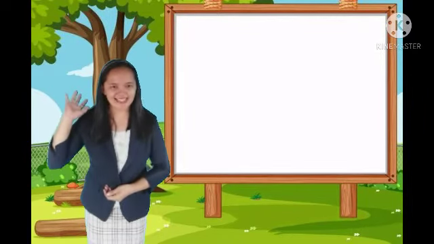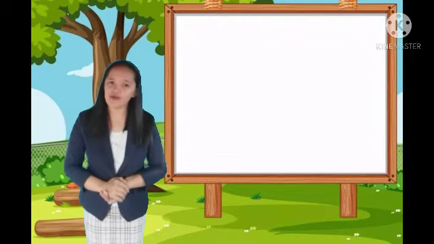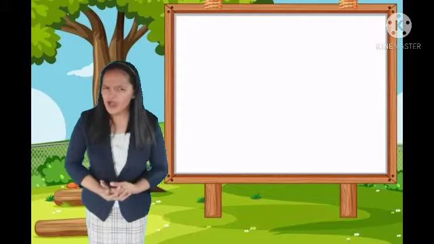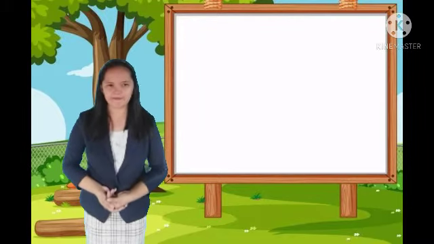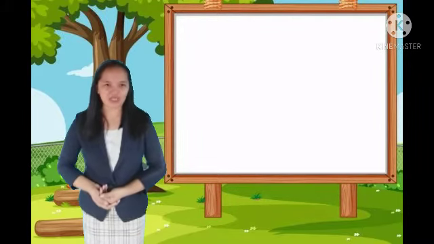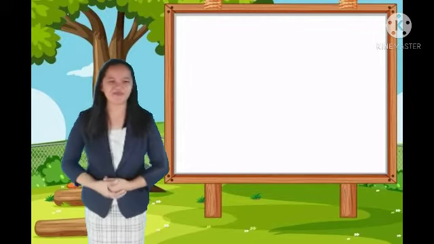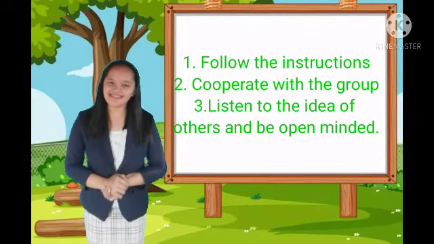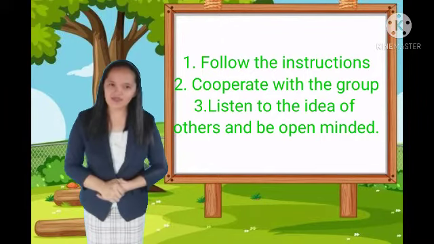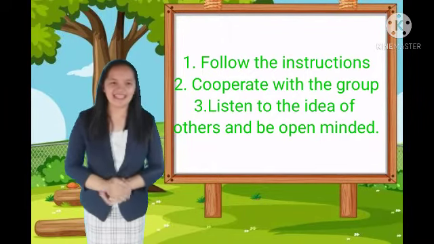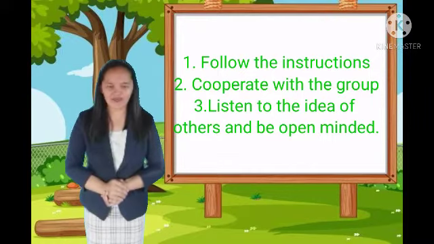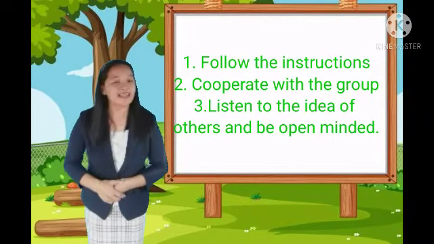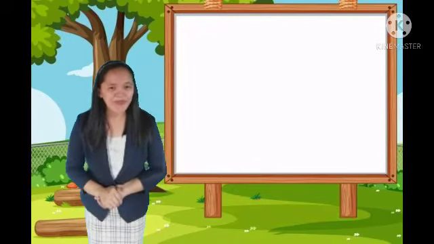Did you get it? Okay, but before that, what are the standards to be remembered while we are having a group activity? Let's read it all together. Follow the instructions. Cooperate with the group. Listen to the ideas of others and be open-minded. Now, is that clear?